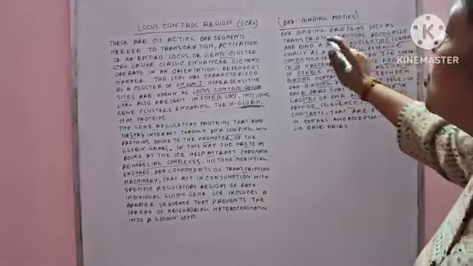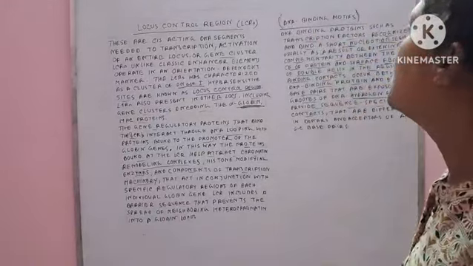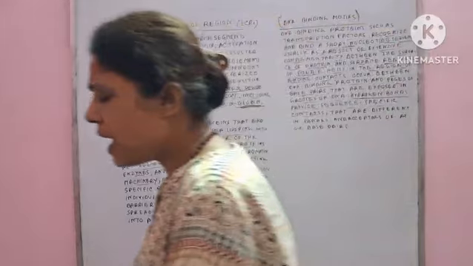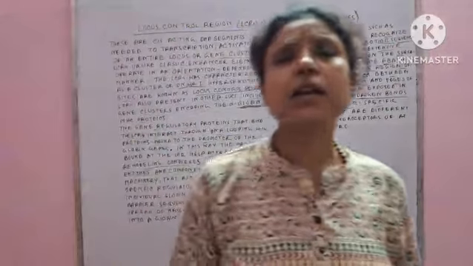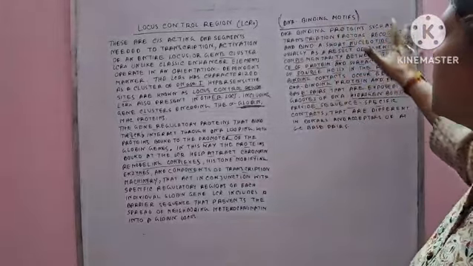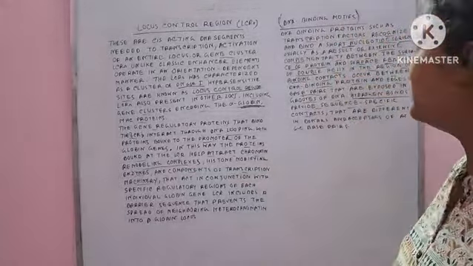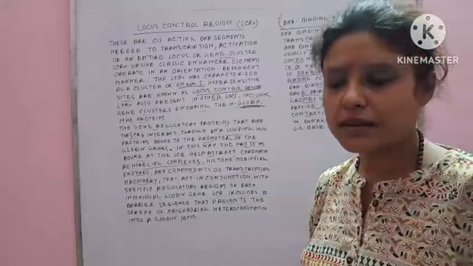So this is the role of the DNA binding motifs. Very briefly I explained here. There are many types of DNA binding motifs, so I will try to explain the types in my next video. So continue with my channel. Okay. Thank you.